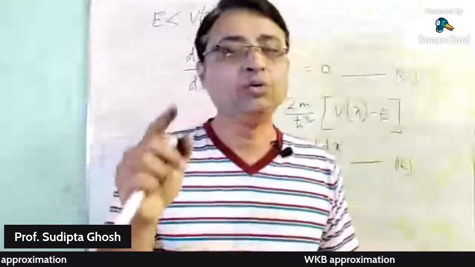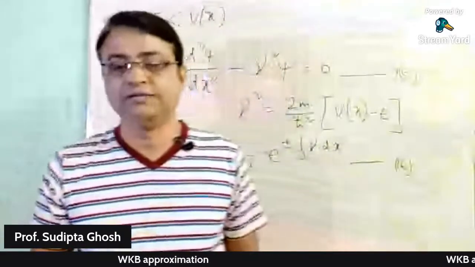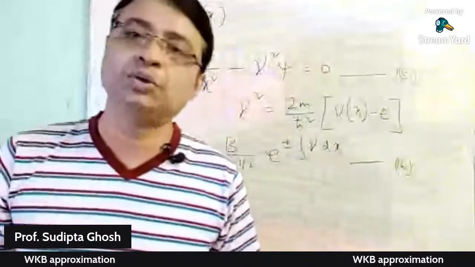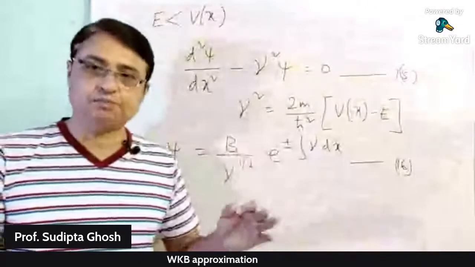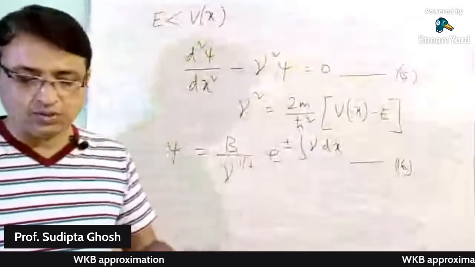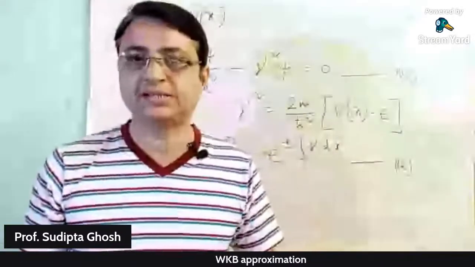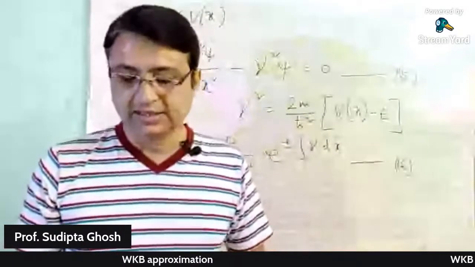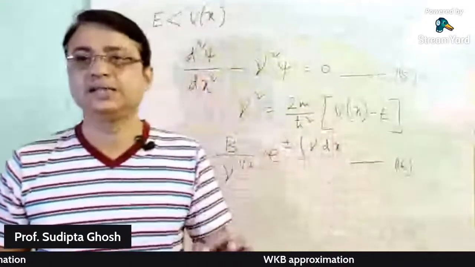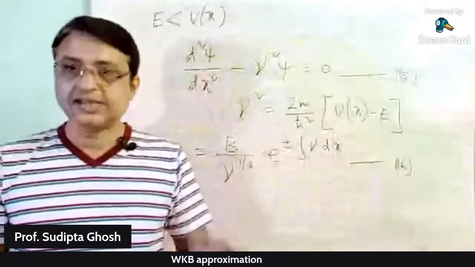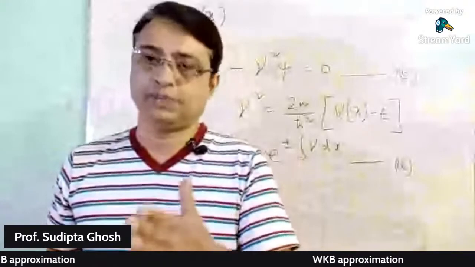You can't consider the wave function going to infinity. This point at which E equals V(x) is known as the classical turning point, since at this point a classical particle would stop.